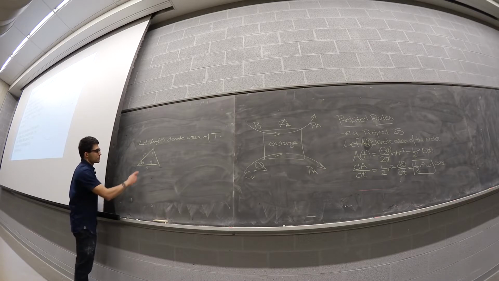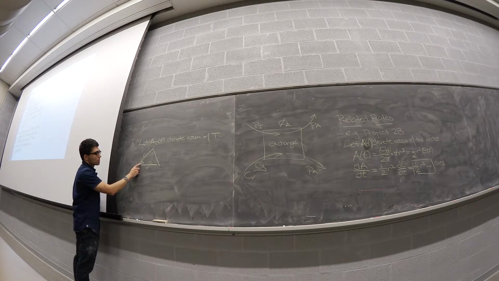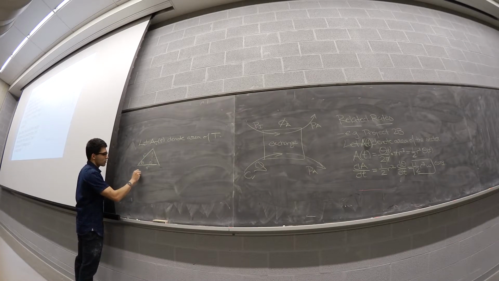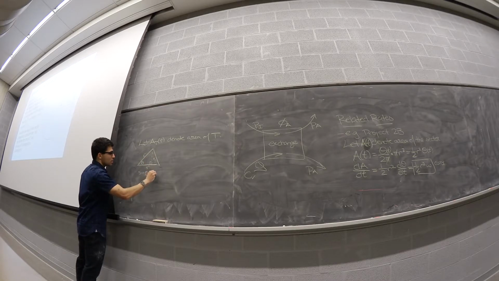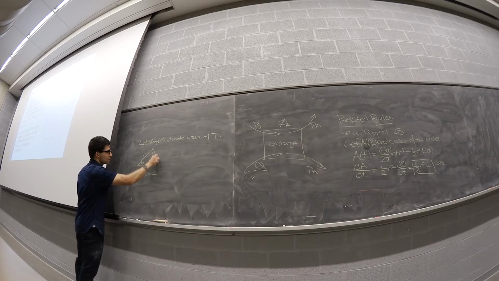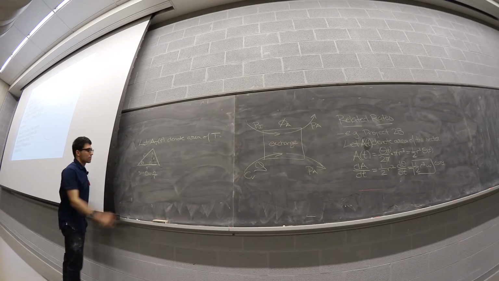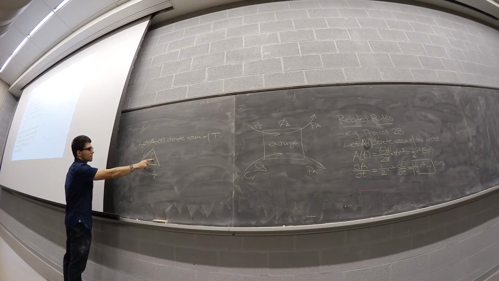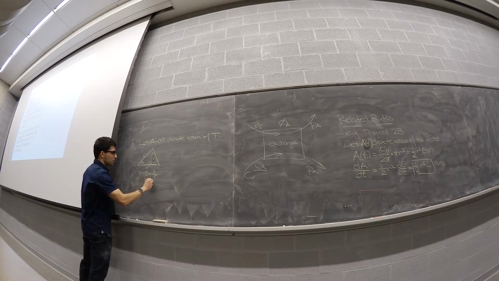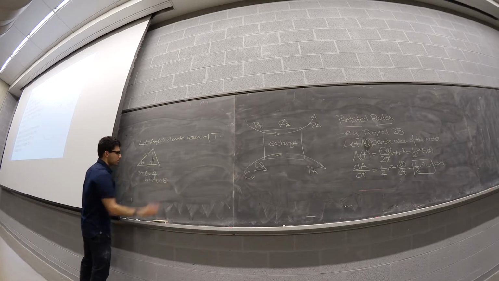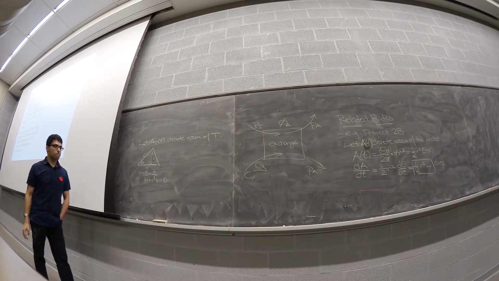What have you got here? What's the sine of this? The sine of this is opposite over hypotenuse. Okay, we'll call this h. So sine theta is h over r, and so h is r sine theta. And that's it.